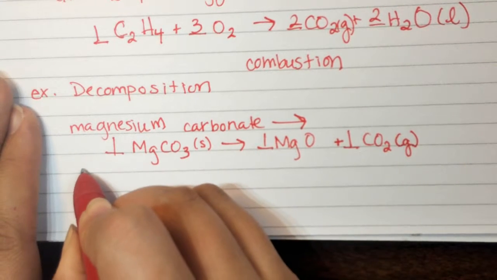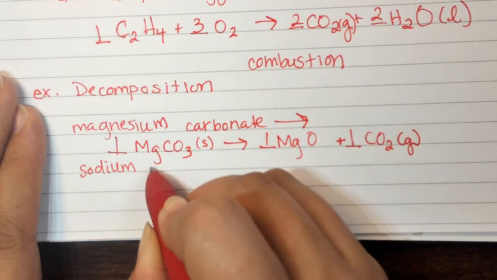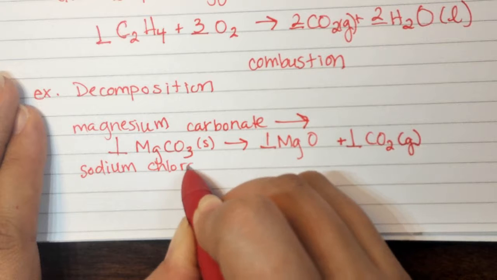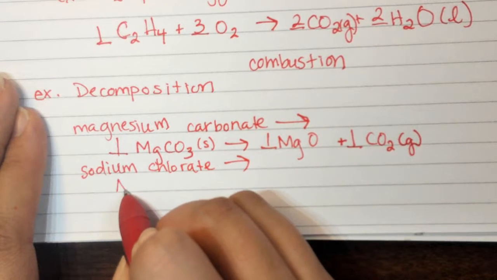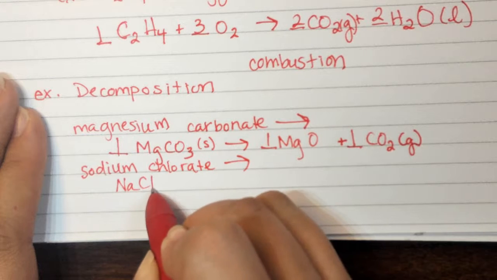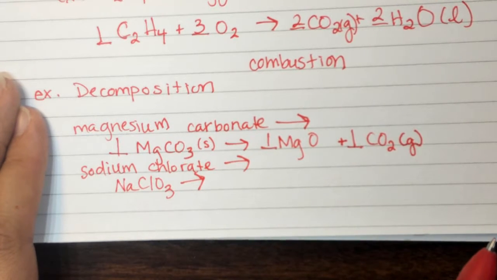If I gave you sodium chlorate, and I told you to decompose this, sodium's Na, chlorate is ClO3. It's a 1-to-1 ratio. If you look at your solubility rules, it is not on there, so we're not going to put a state for it.